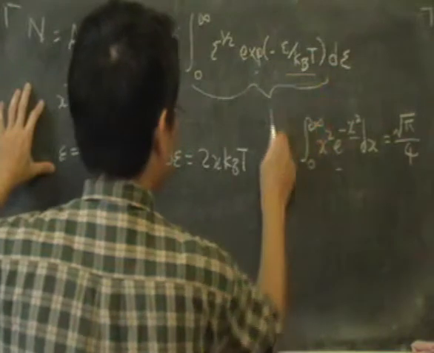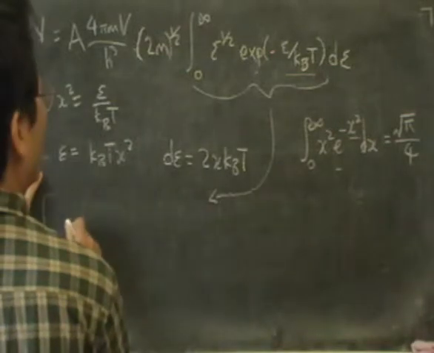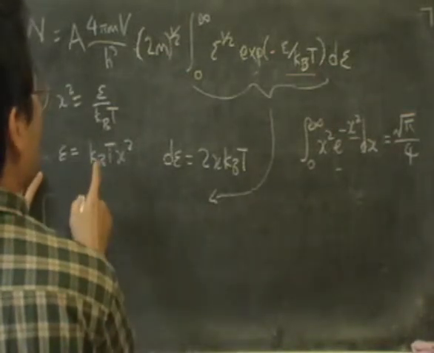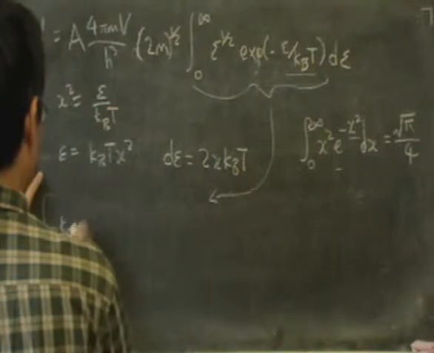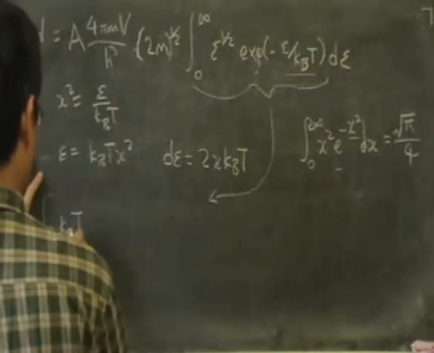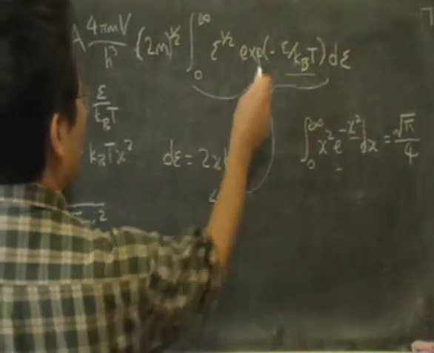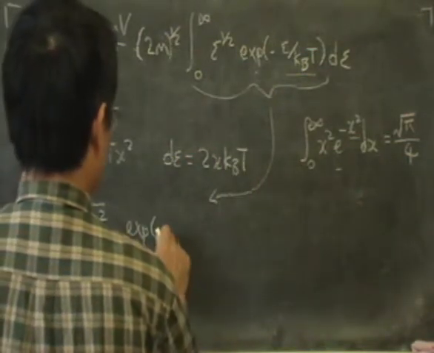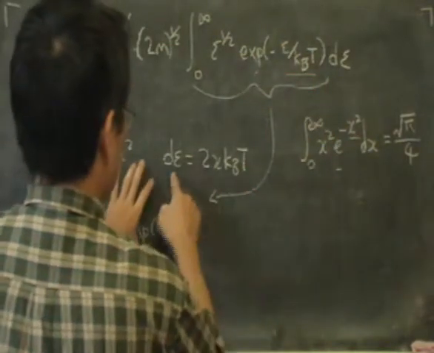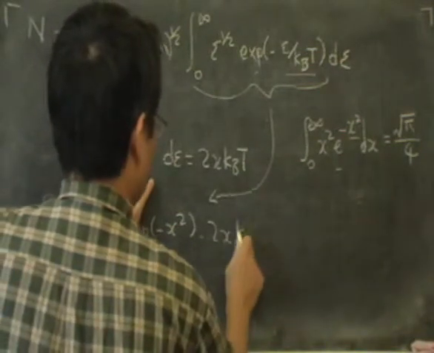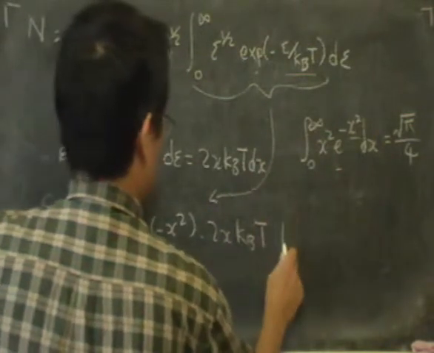Then this integral would become: square root of E would be square root of k_B T x squared, that would be exp minus x squared, because the argument is x squared, and dE would be 2x k_B T, oh there should be a dx there, dx.